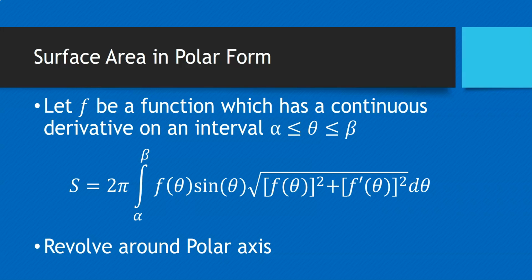What we're putting out in front here is our arc length formula, the square root of this stuff, integrated from alpha to beta, and we're going to throw on 2 pi, because we're rotating it 360 degrees, or 2 pi radians, times, depending on which axis we're rotating around, a y value.